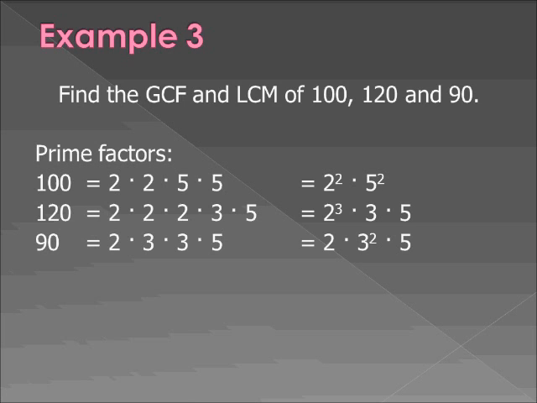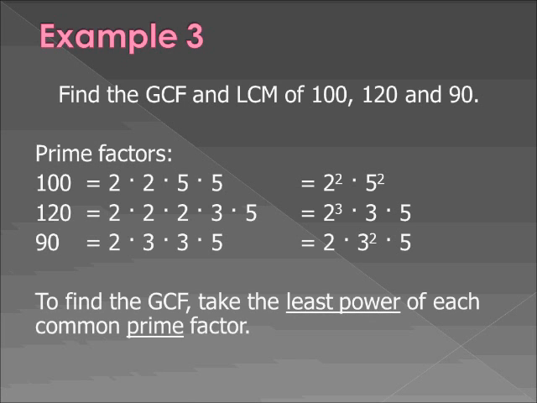Now, to find the greatest common factor, remember, we need to find the least power of each common prime factor. Does each number have a 2 in common? Yes, it does. What's the least power of all those 2's? It's this one, 2 to the first. So our GCF is going to have 1 2 in it. What about the 3's? Well, the 100 doesn't have a 3, so we can't use these 3's because it's not common to all three numbers.